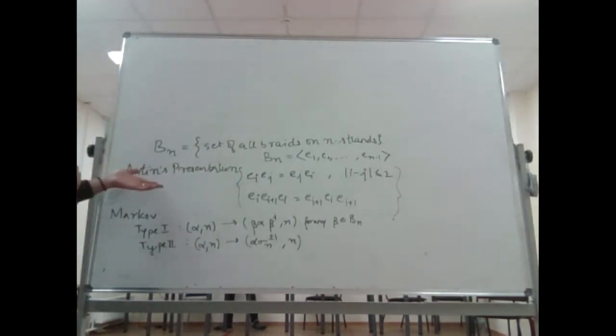So now the similarity that you see between these relations motivated Jones to look inside the representations for braids and in the properties of the subfactors to find out some invariant.